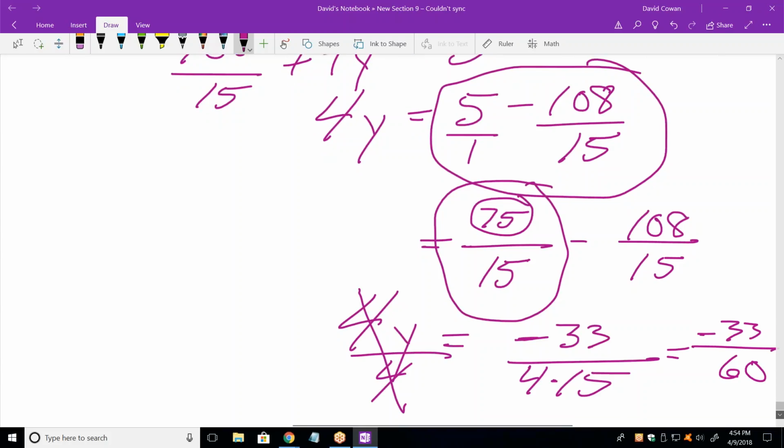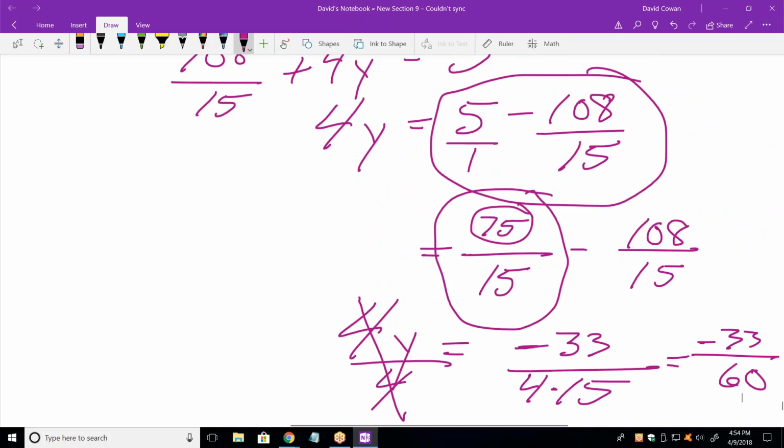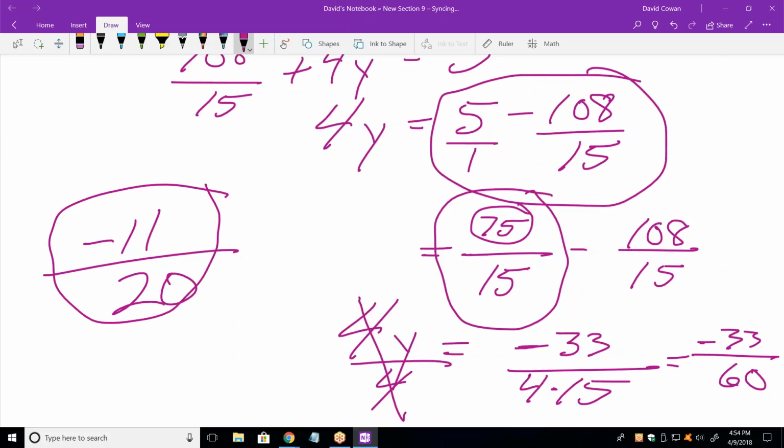We ought to do it because you should not, in general, ever leave an answer unsimplified. The reason I know that simplifies is because I can divide top and bottom by a number. I can divide the top by 3, which gives me minus 11, and I can divide the bottom by 3, which gives me 20. So minus 33 over 60 is the same as minus 11 over 20, and that's what y is equal to.